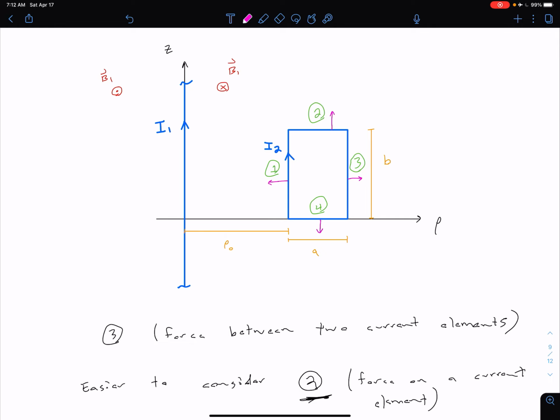Because the forces on 2 and 4 have the same magnitudes, our F2 and F4 are going to cancel out, and our net force is going to depend only on 1 and 3. What we'll be able to see from the equation when we write it out is that the force on segment 1 is going to be stronger because it's closer to our line segment I1.